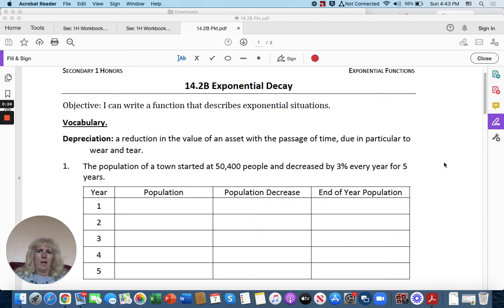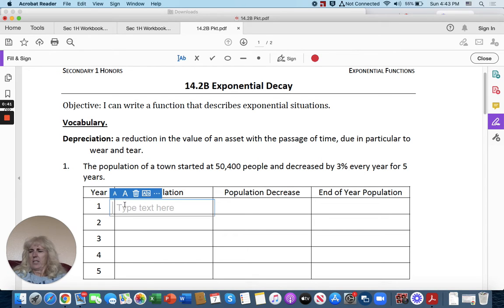So we have this first problem that says the population of a town started at 50,400 people and decreased by 3% every year for 5 years. So each year we're going to find out the population after the year. So here we're going to enter our population started at 50,400.